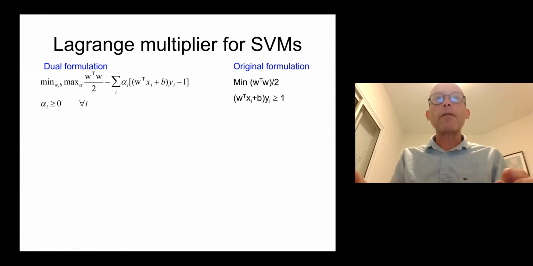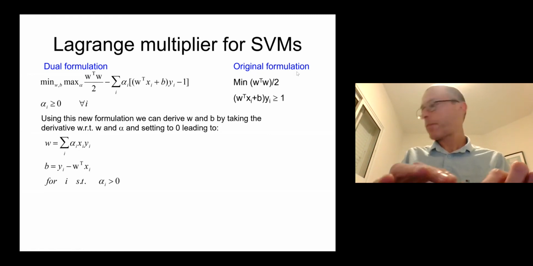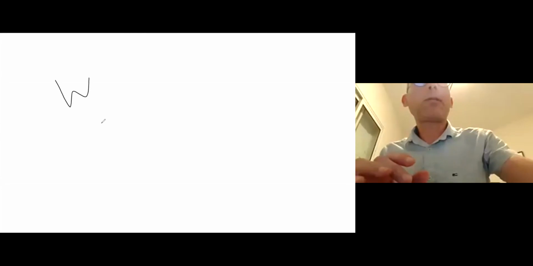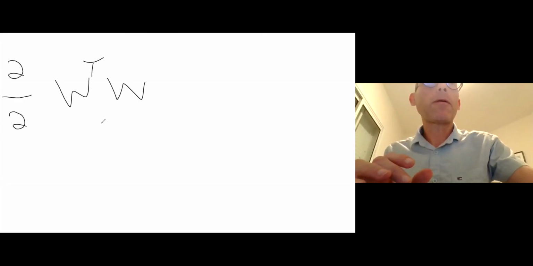So when we take the derivative, we get these three equations. First, when we take the derivative with respect to W, W is a vector. The derivative of W transpose W with respect to W is like taking the derivative of a square value.